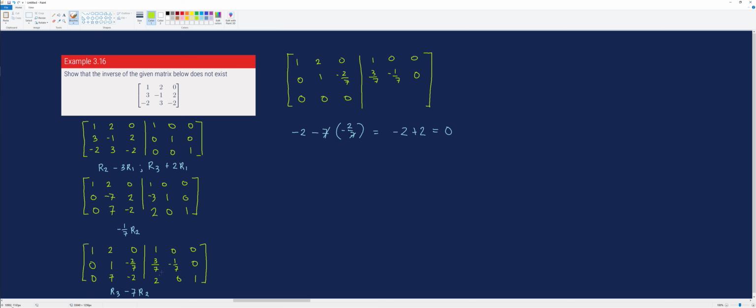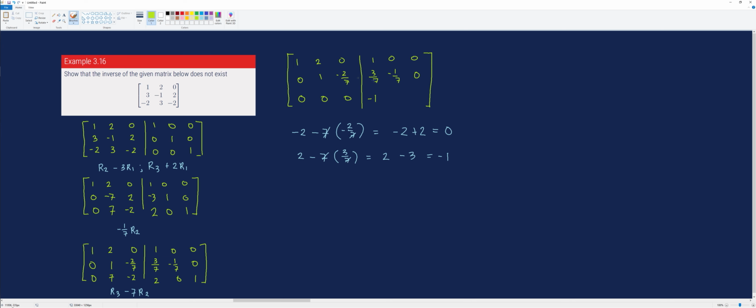Now here, this one, let me just write this. So this is 2 minus 7 times 3 over 7. So this will be cancelled. So this is negative 2 minus 3, so this is negative 1. Then 0 minus 7 times negative 1 over 7.